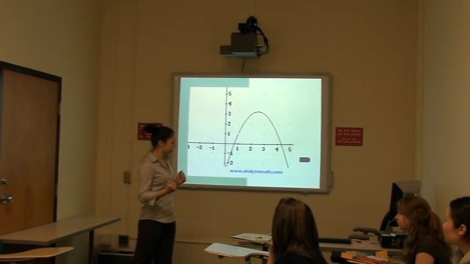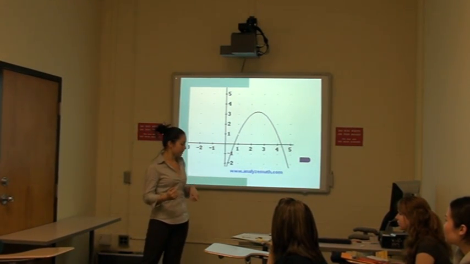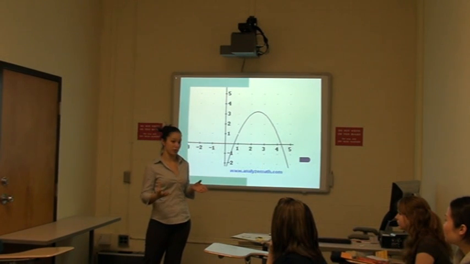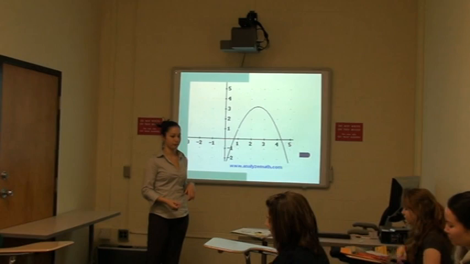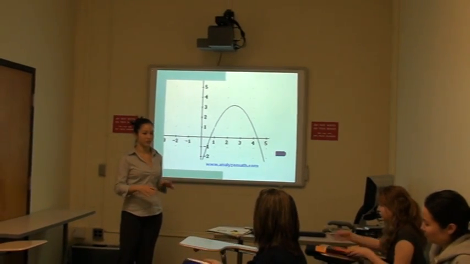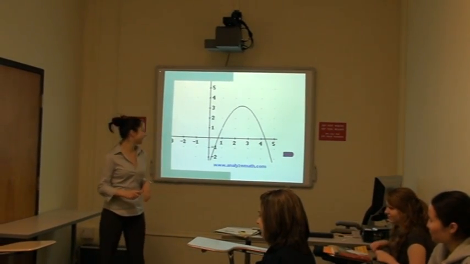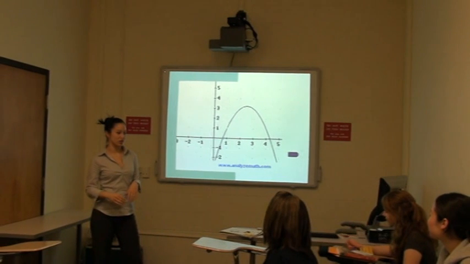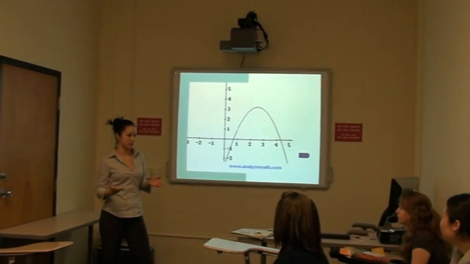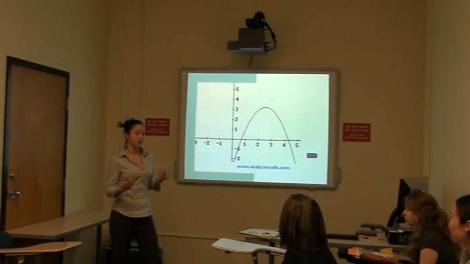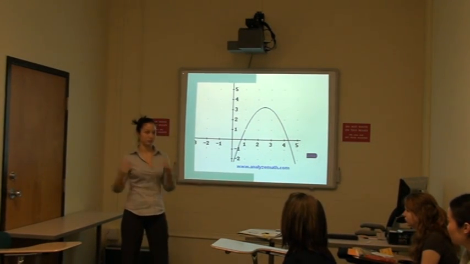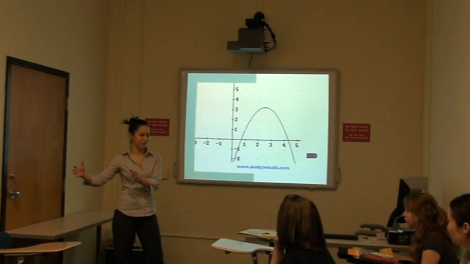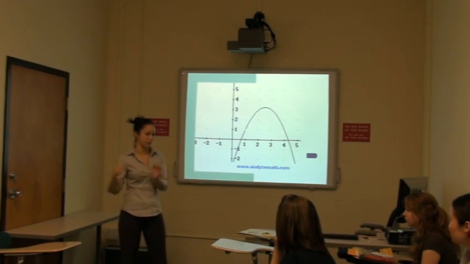All right, so what we're going to be learning today is a type of transformation. It's called translations. You can write that down. And translations are, where have you heard the word translations before? Language, right? You take a word in English and you translate it to a word in Spanish, or a word in Spanish, translate it to English.